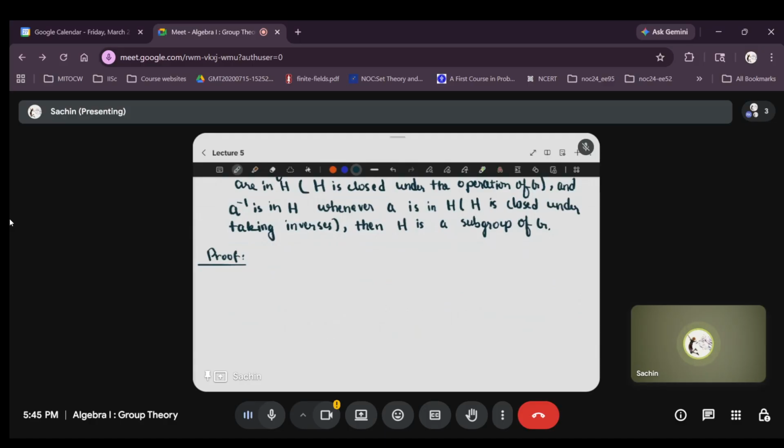Here, since H is a subset of G, when we say that A inverse is in H, what we mean is that the inverse of A in G is also an element in H. So the group G gives you a guarantee that in G, A has an inverse. And what you need to check is whether that element is in H or not, not whether the inverse itself exists or not.